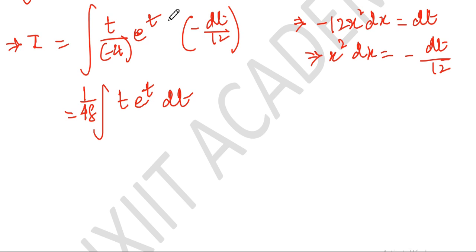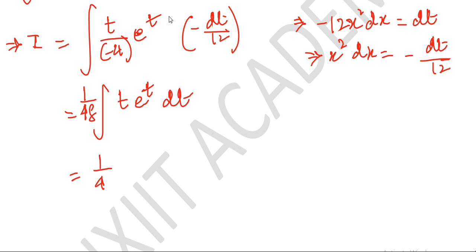So now this is very easy to integrate. Simply we have to use the formula for integration by parts. Which one will be the first function and which one will be the second function? Obviously t will be the first function and e to the power t will be the second function by the IIT rule. T is just the algebraic function, so we can keep t as the first function.